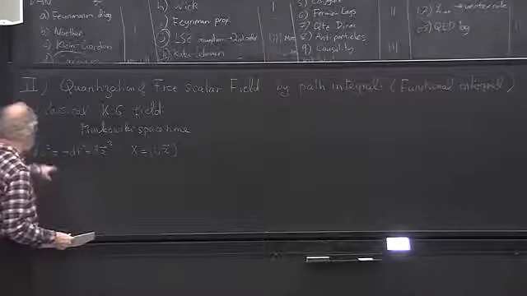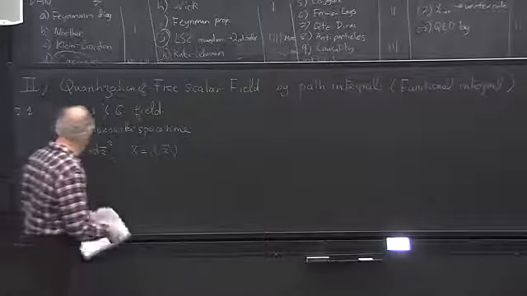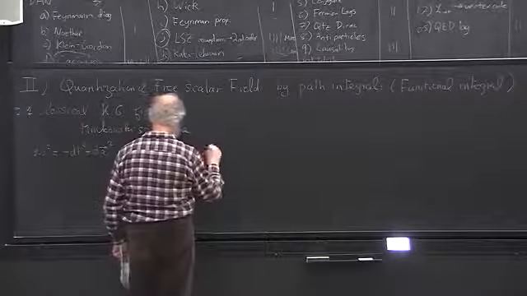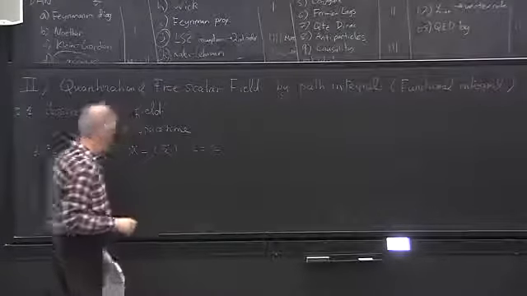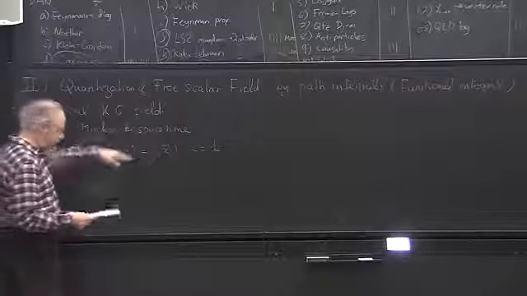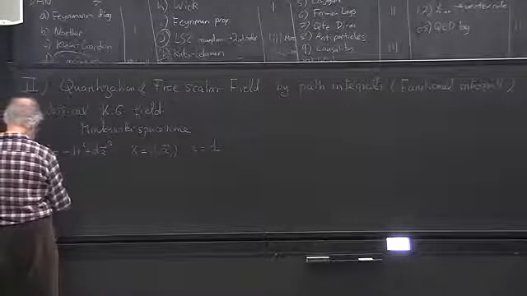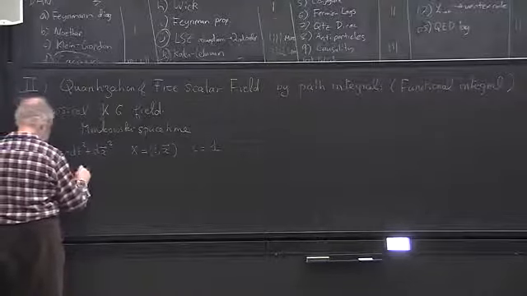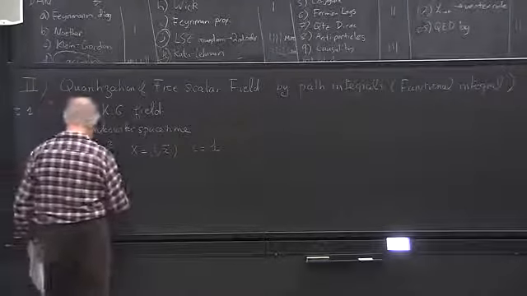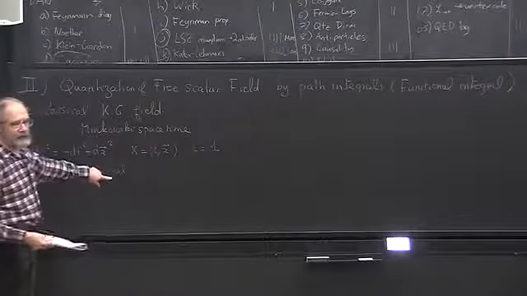Okay, and I'm using the East Coast convention for the metric, with c equal 1. Okay. And on this Minkowski spacetime, there is a classical field, phi of x, which is a real variable. So there is no spin, no charge.